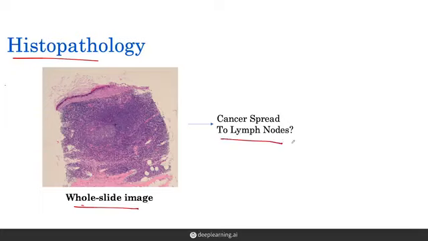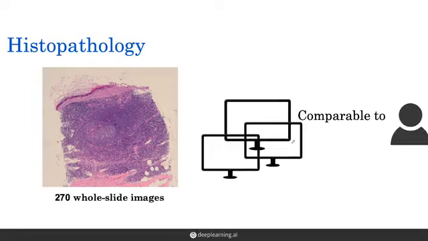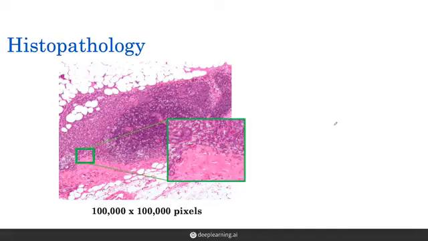This is important to help plan treatment, predict the course of the disease, and the chance of recovery. In one study in 2017, using only 270 whole slide images, AI algorithms were developed and then evaluated against pathologists, and it was found that the best algorithms performed as well as the pathologists did.